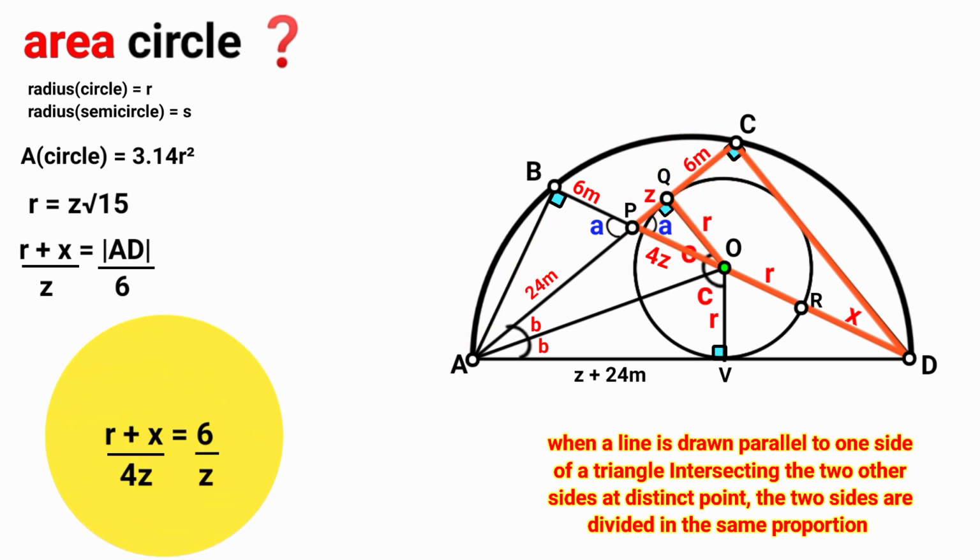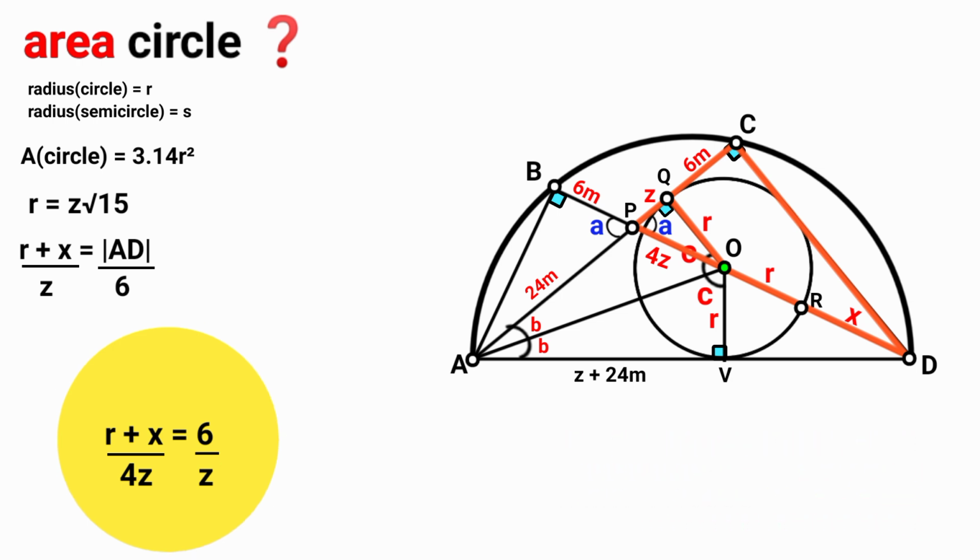So R plus x all over 4z equal to 6 over z. This z will cancel this z. So R plus x all over 4 equal to 6. Multiply both sides by 4. Here 4 cancels 4, while here 6 times 4 is 24. So R plus x equal to 24.